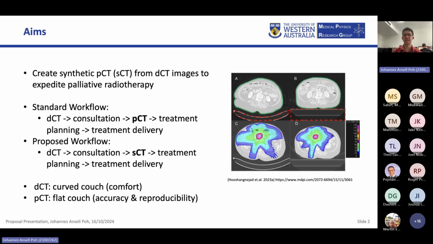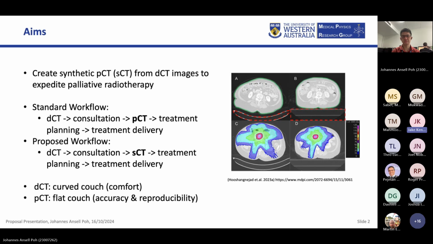So in treatment, we usually use a flat couch, which means that we usually need to do a planning CT again with a flat couch for the treatment planning. So it's the accuracy required that governs the use of a flat couch top. Is that correct? Yes. Okay, thank you.